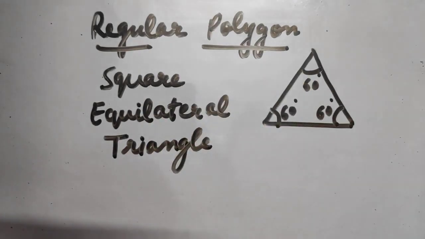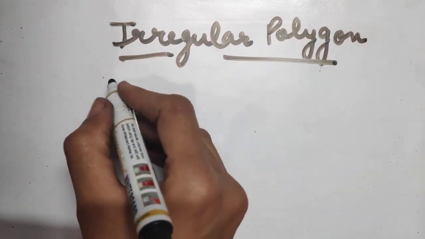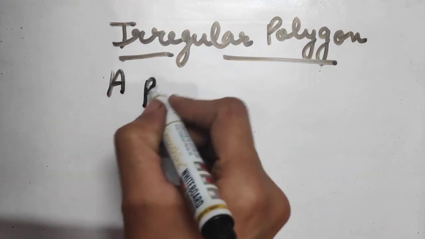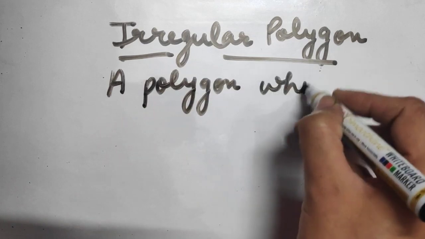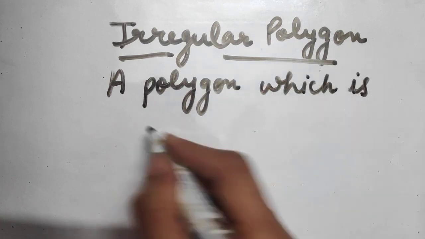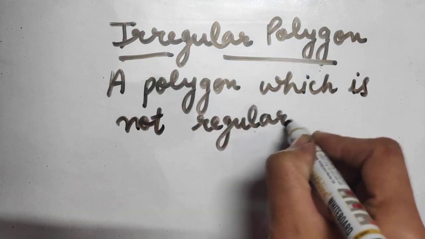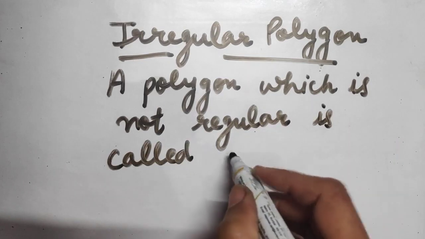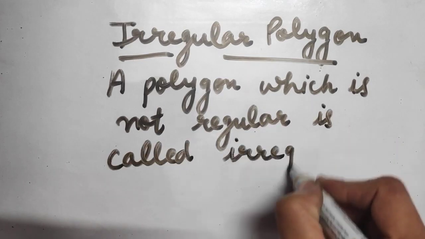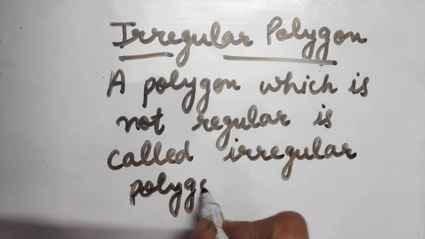Let us talk about now irregular polygon. So irregular polygon, what is it? A polygon which is not regular is called irregular polygon.